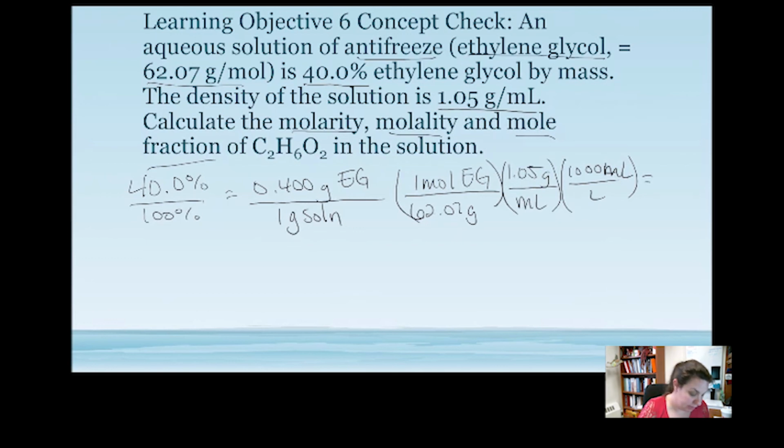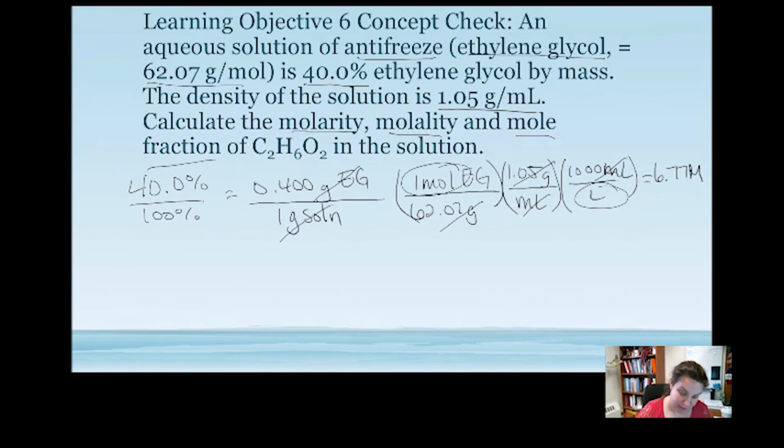Multiply that out. And we get a molarity of 6.77. Because now, if we look, we cancel out grams of ethylene glycol, grams of solution, milliliters of solution, and we're left with moles of ethylene glycol per liter of solution.